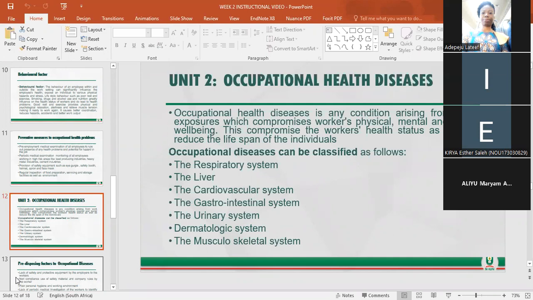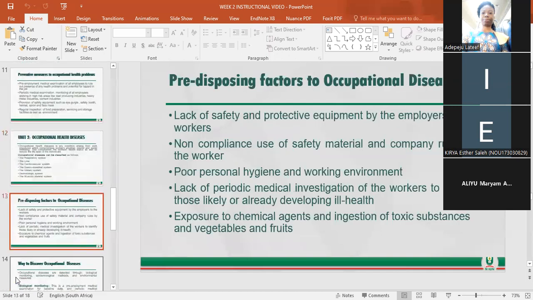Then we have the liver, the cardiovascular system, the gastrointestinal system, the urinary system, the dermatological system, the musculoskeletal system. So all these systems can be affected as a result of job exposure. Don't forget that, it's very important.